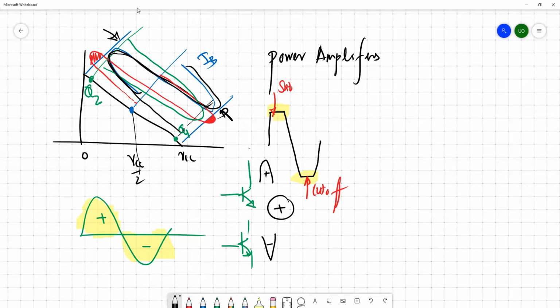Now this is focused on DC quantities. We found that we can simply replace this transistor with this dual diode model. Once we move to the AC signal, the transistor is no longer a dual diode model. It has a different set of features, a different interpretation of the transistor.